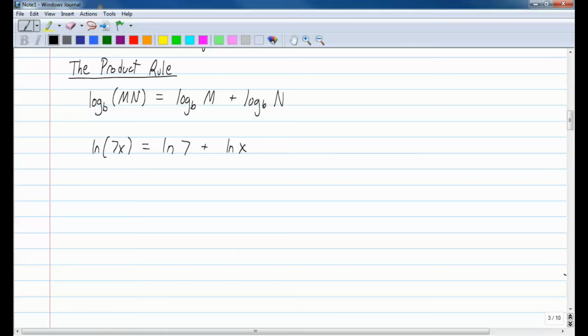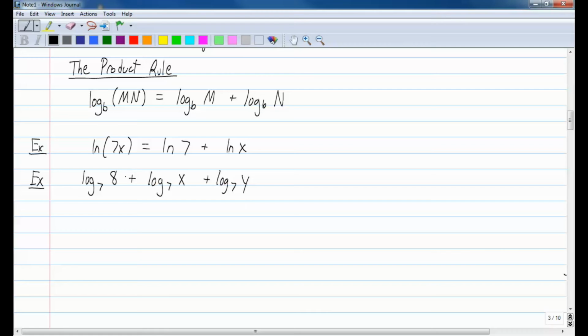Okay? So, for example, if I have log base 7 of 8 plus log base 7 of x, I'm even going to go another step further, plus log base 7 of y.